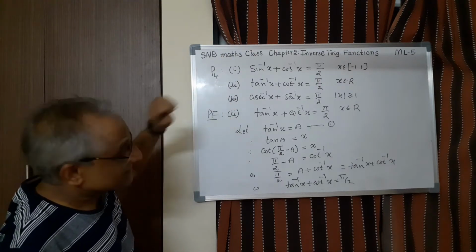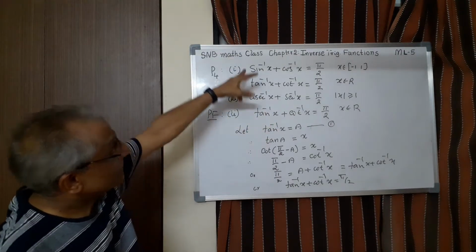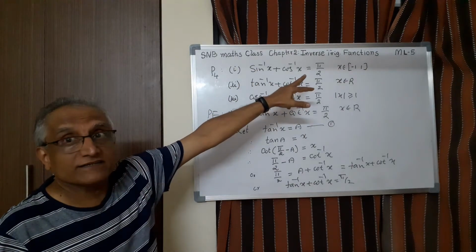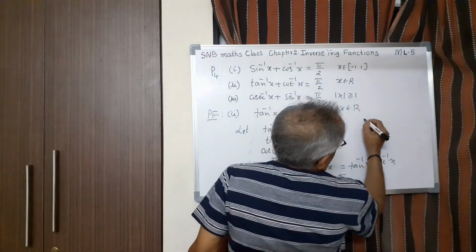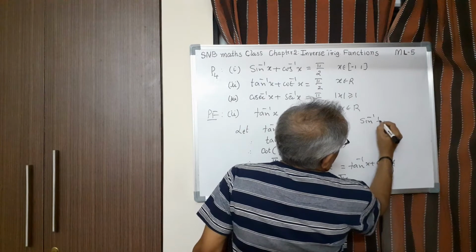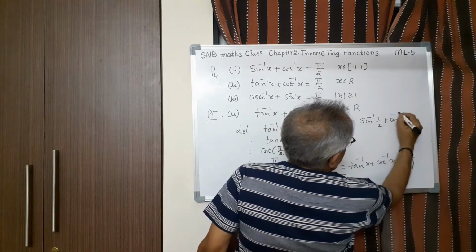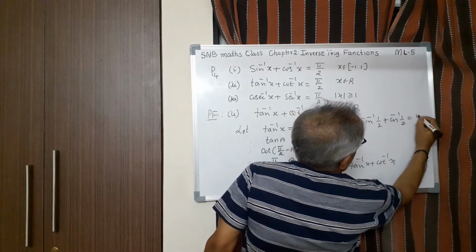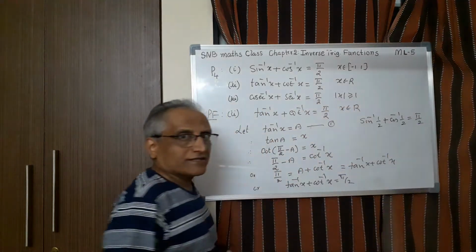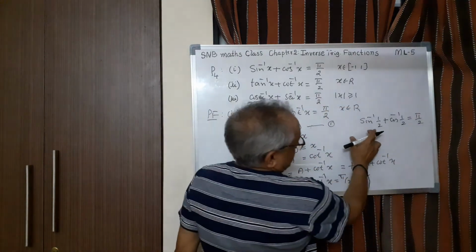Now the relation is like this. It is true for all values of x whenever it is defined. Say for example, sine inverse half plus cos inverse half is pi by 2. One particular case. You can check what is sine inverse half.